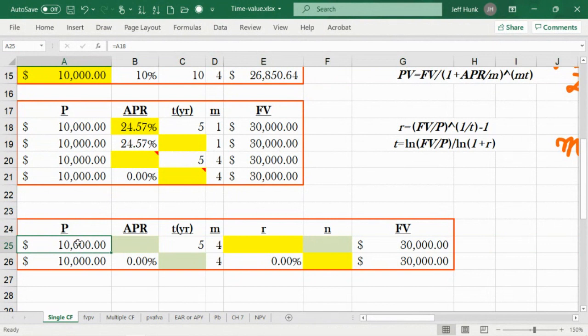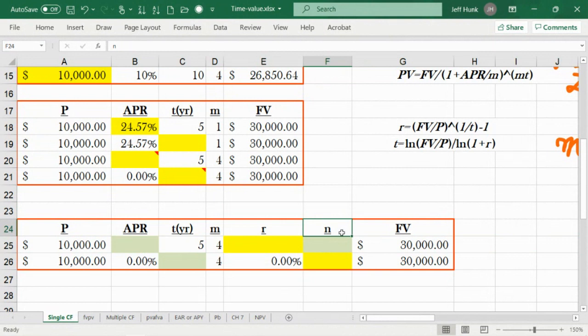Your principal is 10K. Your target future value is 30K. And in time, 5 years, compounding frequency 4, quarterly. Here, I added 2 extra columns, and these columns are for periodic rate, and then for n, the actual number of compounding.